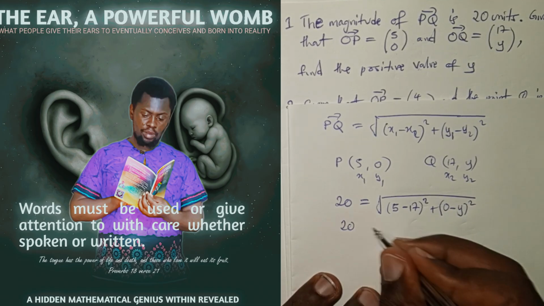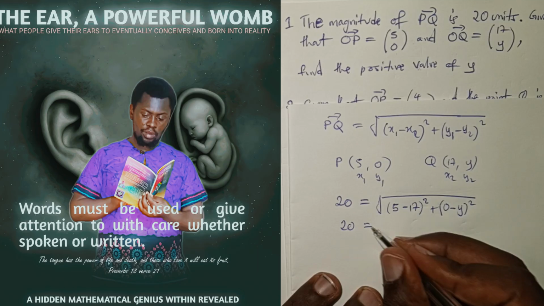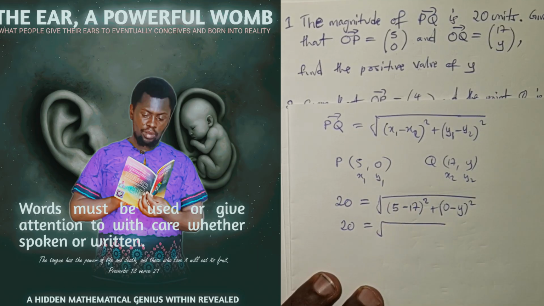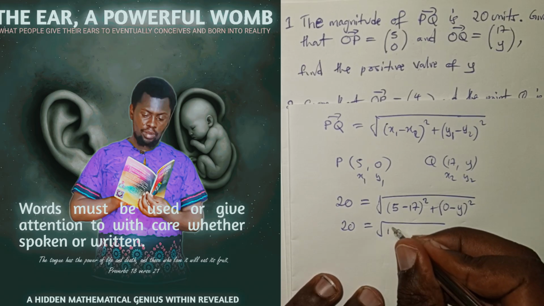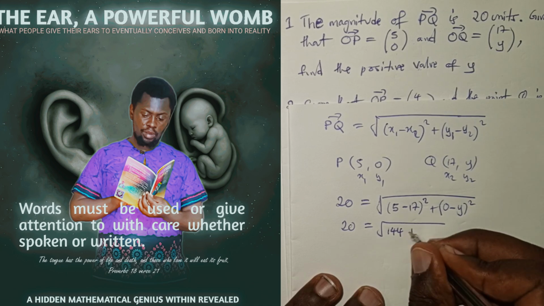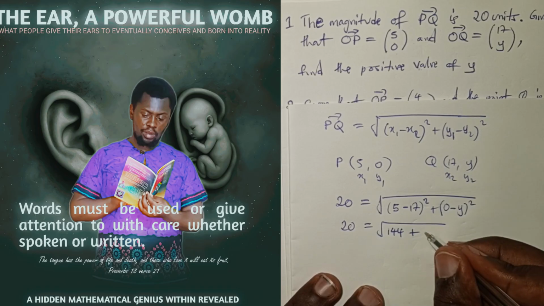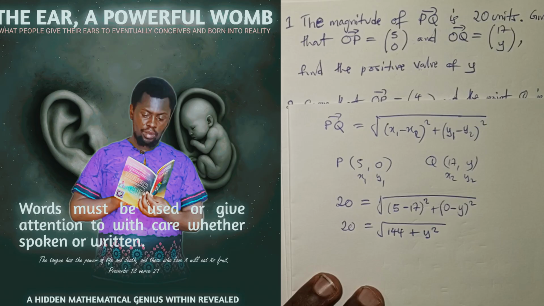So we have 20 is equal to the square root of 5 minus 17, you get minus 12, and minus 12 squared, you get 144. So we have 144 plus 0 minus y, you get minus y, and minus y squared, you get y squared. So we have plus y squared.